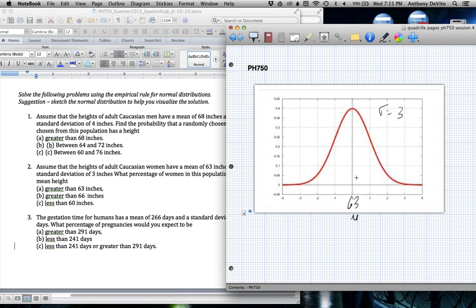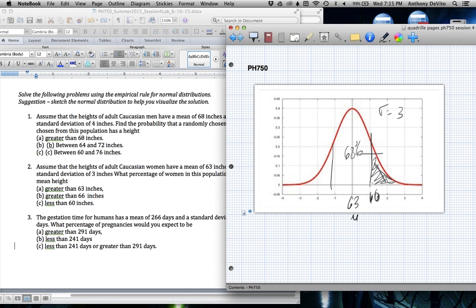Okay, 50% for the first question. Greater than 66 inches: what's the probability that we'll pick someone at random that's greater than 66 inches? That's that tail, right? So what's the area between 1 standard deviation below and 1 standard deviation above? That's 68%, correct?